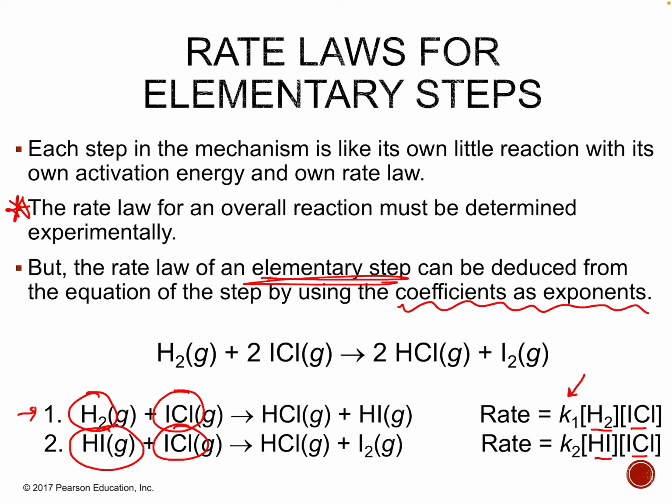This is telling you this is the rate constant for the first elementary step, and this is the rate constant for the second elementary step. Again, we're thinking about each of these steps as their own little reactions with their own activation energies and their own rate laws, so they have their own rate constants because they each have their own rate. That's the key bit there. Again, do not do this for overall reactions. Just for elementary steps, you can use the reactants in your rate law.